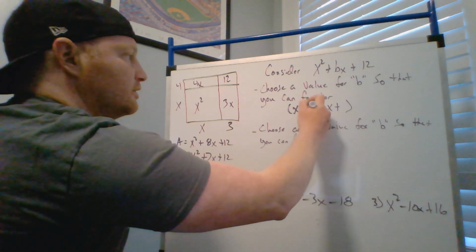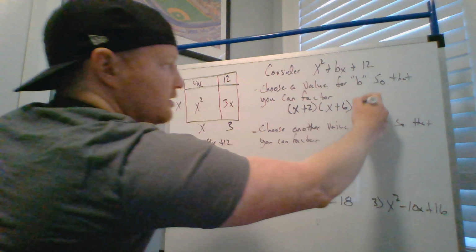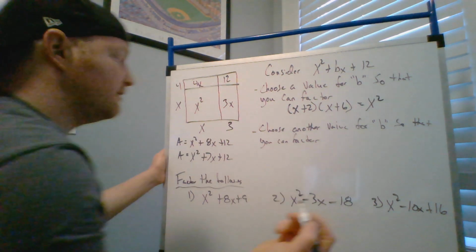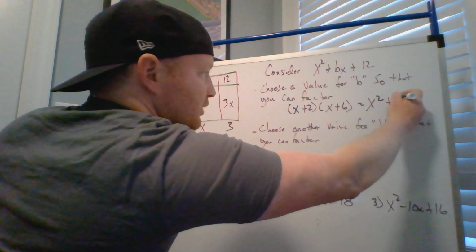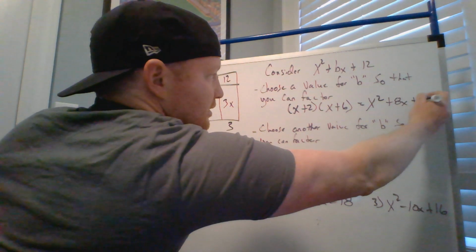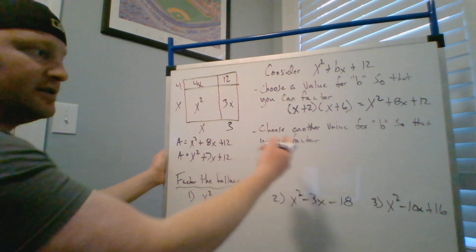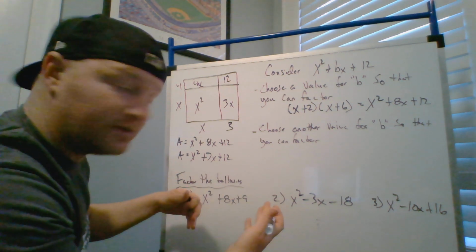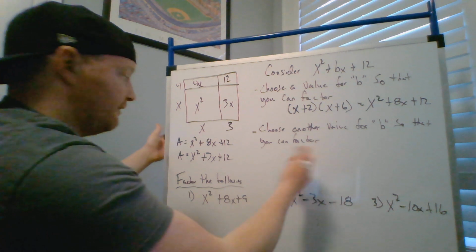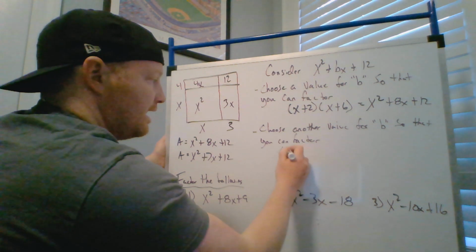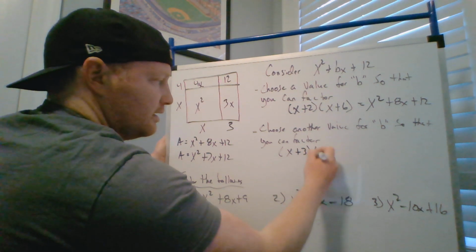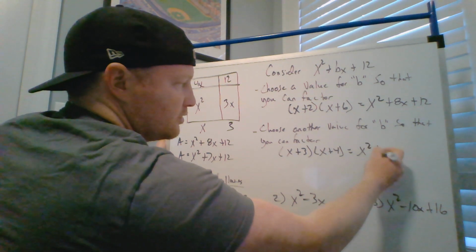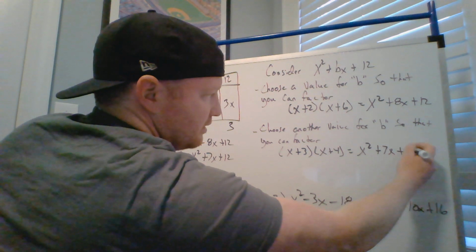The first one I did was 2 and 6, so this expands into x squared plus 8x plus 12. And now it says choose another value, and that's why I did this model for you, so you guys know exactly what you have to do. So now this factors into x plus 3, x plus 4 equals x squared plus 7x plus 12.